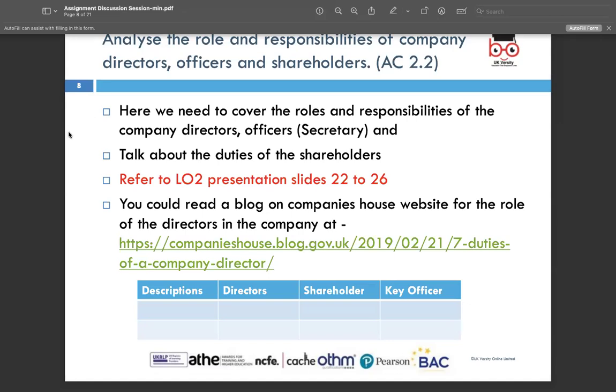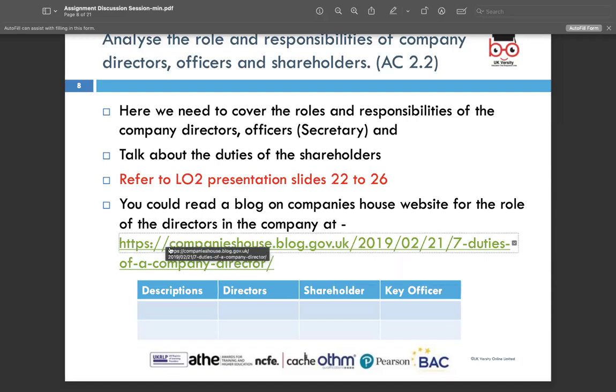You can refer to learning outcome 2 presentation slides 22 to 26 for more information on the roles and responsibilities of company directors, officers, and shareholders. For further reading, you can consult the Companies House blog on the role of a company director and the duties of a company director. You can visit this.